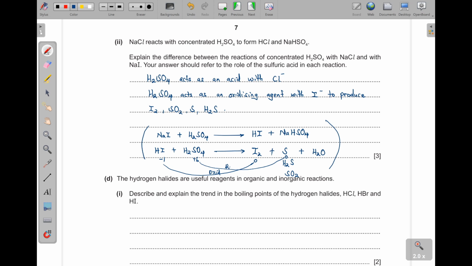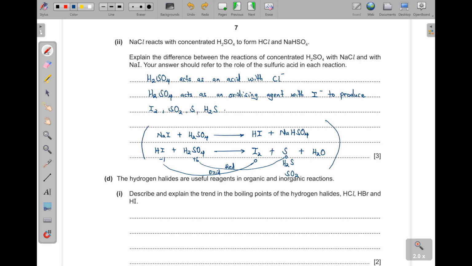So it is a redox reaction. So the role of sulfuric acid here is to act as an oxidizing agent. But this one is not broken any further. For it, chlorine here is a stronger oxidizing agent compared to sulfuric acid.